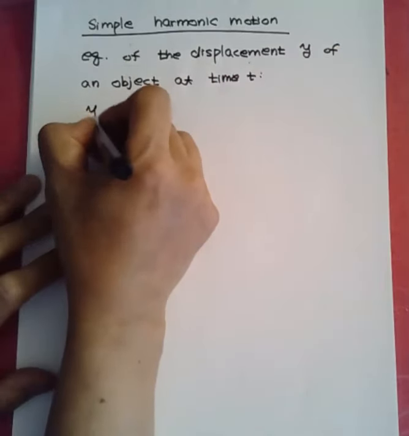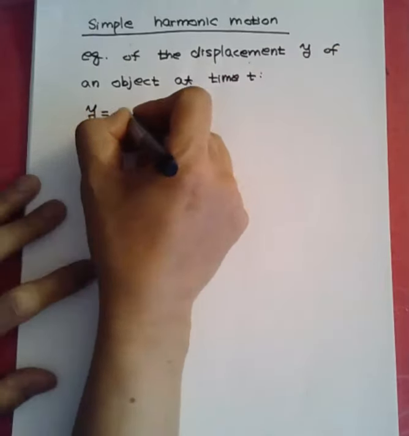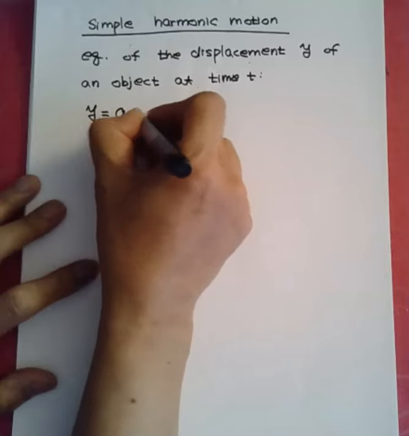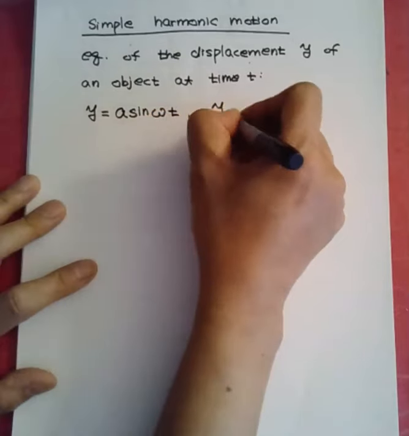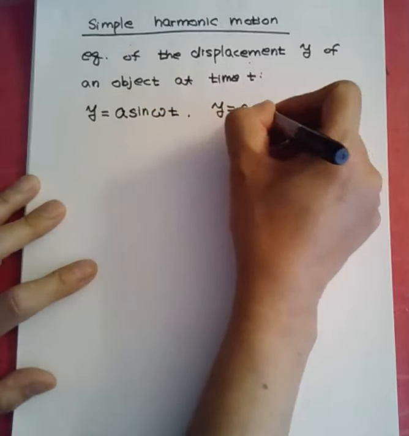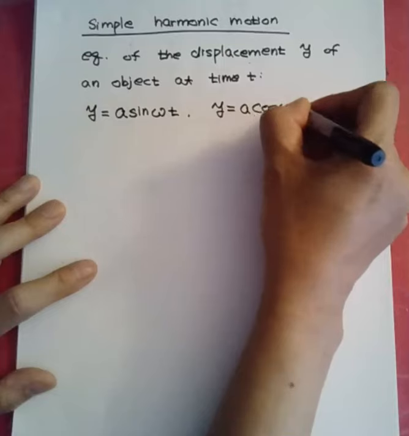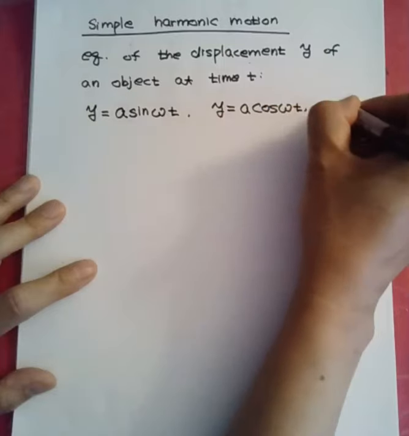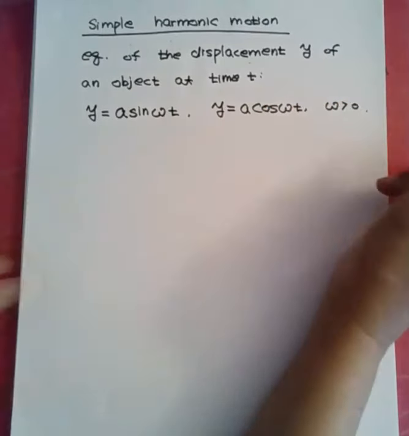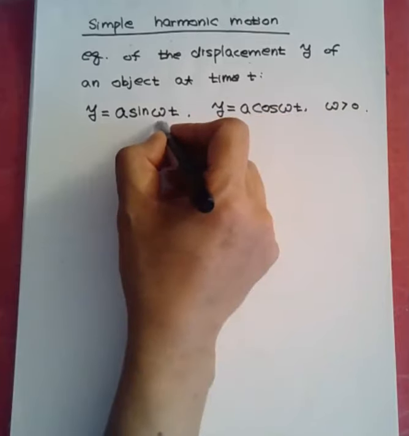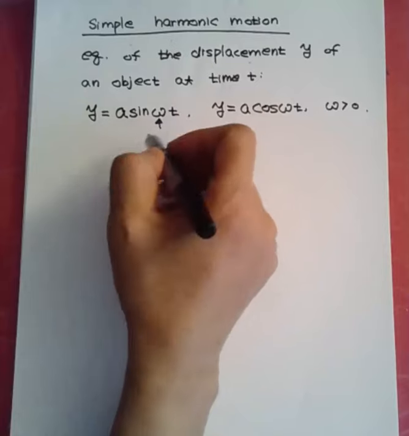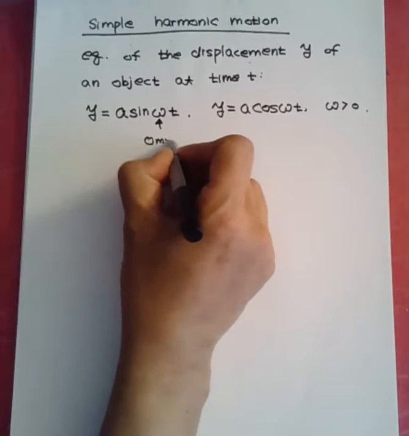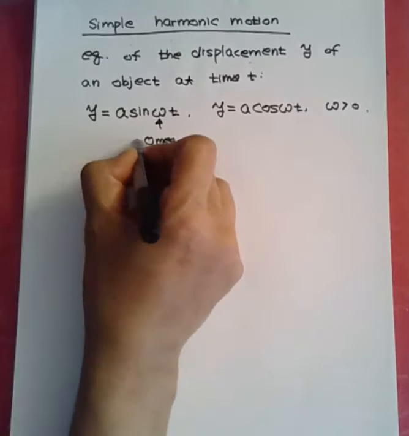So the equation will look like y equals a times sine of omega t, or y equals a times cosine of omega t, when omega is positive. Here, conventional notation is omega t. This is omega, not w.